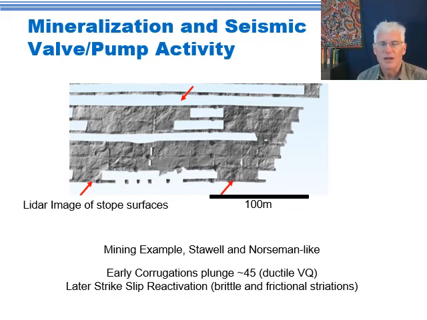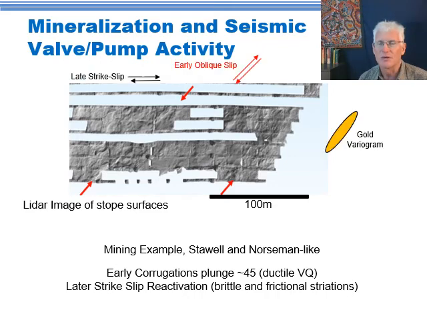In contrast, we then have a later strike-slip reactivation that looks like brittle and frictional striations, a different sort of geometry. So we have an early oblique slip with the red arrows showing, maybe plunging 45 degrees, and then we have a late strike slip system that probably is related to gold mineralization. But interestingly, the gold variogram and the correlation is much stronger in the direction that plunges about 45 degrees.